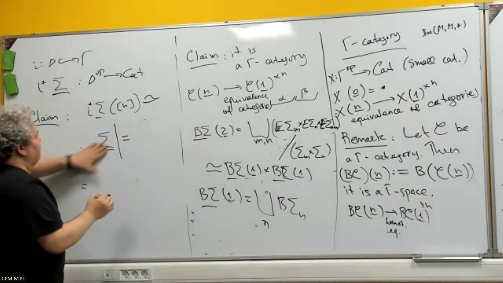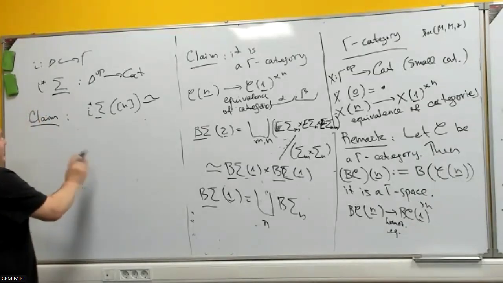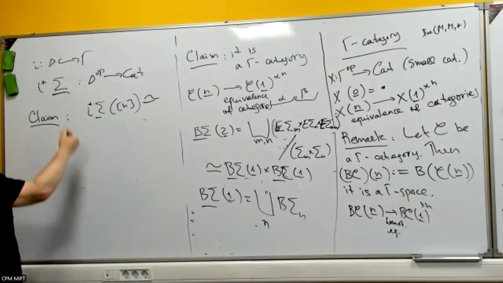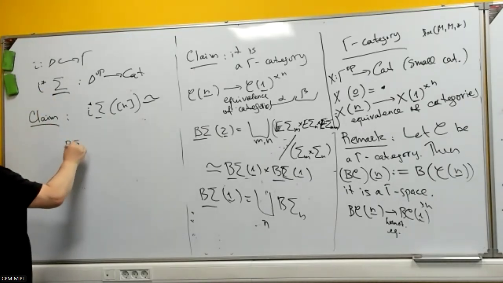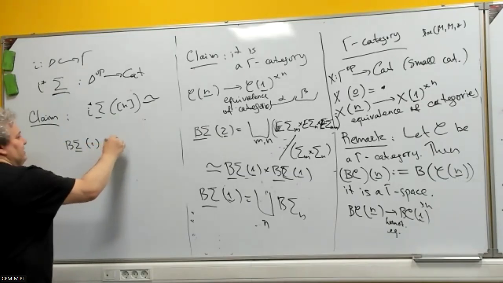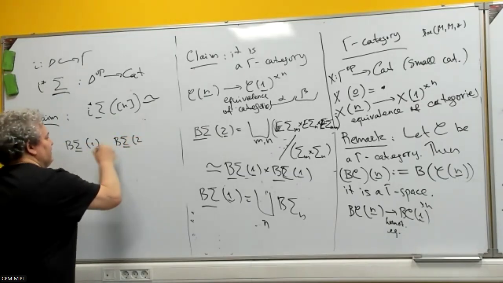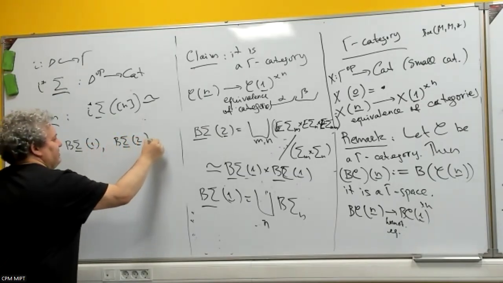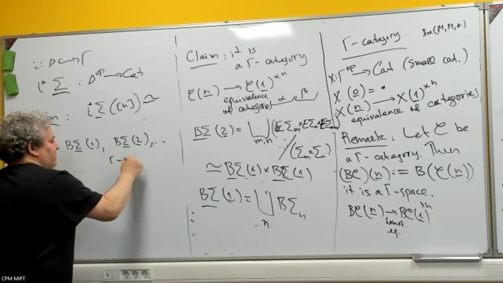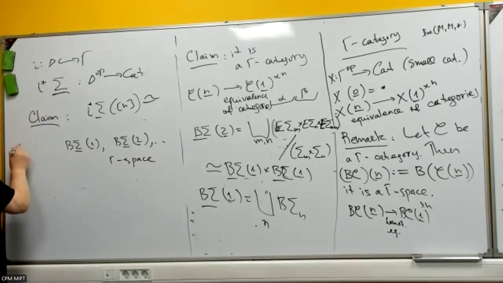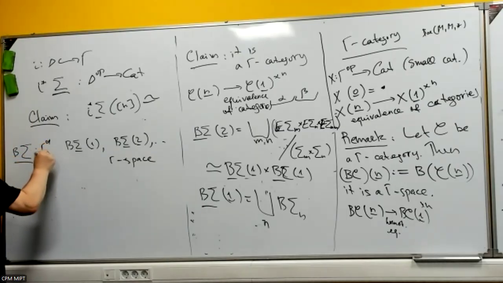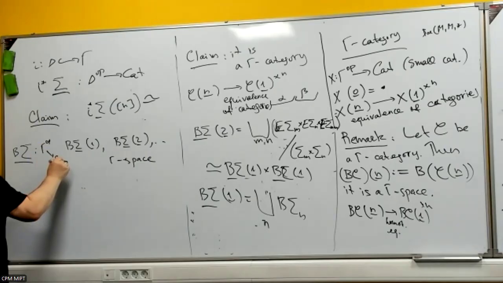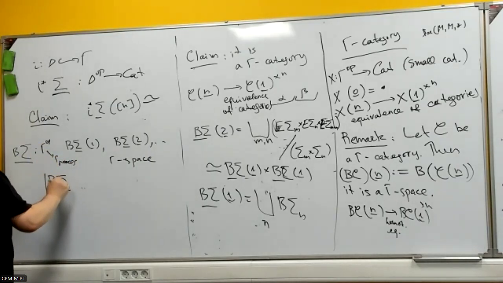Yeah, so let me say it more precisely. When I take realizations of this sigma underlined, it gives me B sigma 1, B sigma 2, right? So somehow it is a gamma space. Then I take the realization, called B sigma. So this is a gamma op space, and then I would like to take the realization of B sigma.